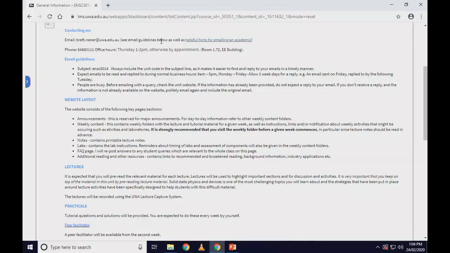This unit needs to be done on a regular basis. Keep up with the material every week, because each week is not isolated. One week depends on the next. So if you get behind, you'll find it very difficult to catch up. There is quite a lot of material involved in the unit, but the unit itself, I don't think, is difficult. The stuff in the unit is not difficult.